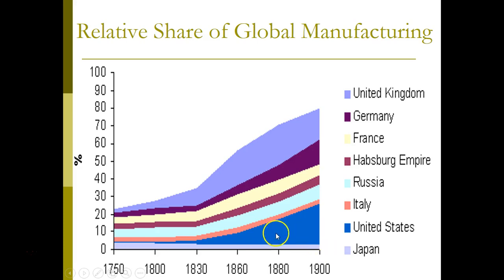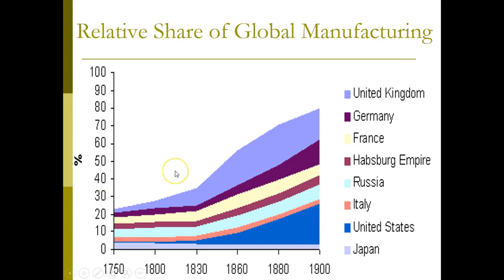On the other hand, look at the United States, which in 1750 doesn't exist. It's a colony, it's negligible. By 1800, it starts growing and it continues to grow. So the key to reading this is the thicker the line, the greater the percentage of global manufacturing output.